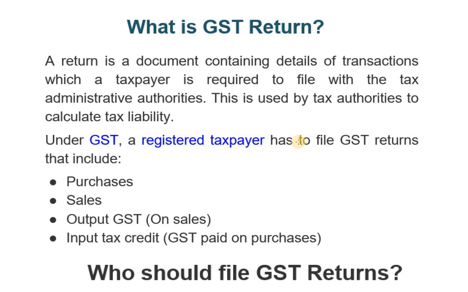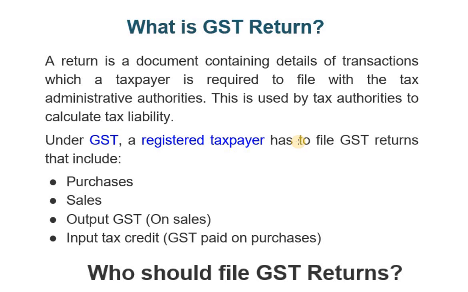While filing the return, any taxpayer has been given the opportunity to assess his own inward and outward supplies. Whatever they are doing, whether they are doing it rightly or wrongly, this is being monitored by the tax authorities.